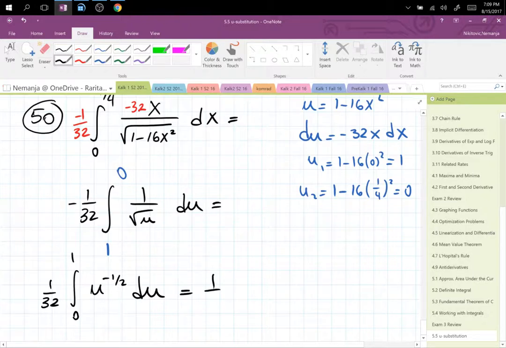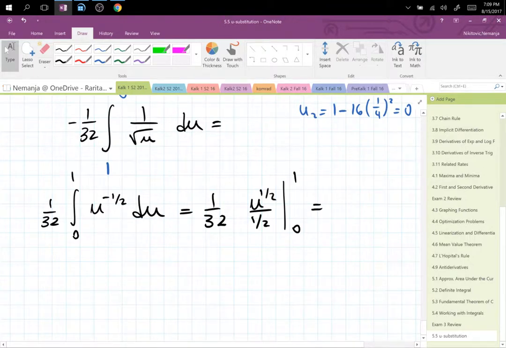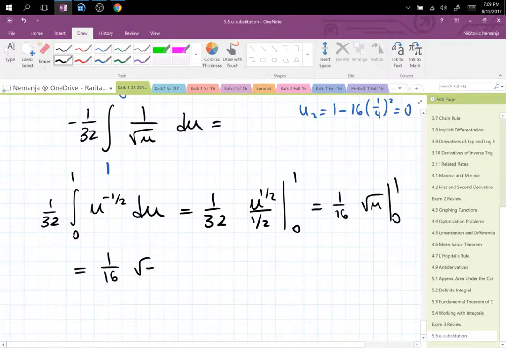So now we need to integrate 1 over 32. That's going to be u to the 1/2 divided by 1/2, computed from 0 to 1. Now this 1/2 goes as 2, makes this 1 over 16 root u from 0 to 1, which is 1 over 16, square root of 1 minus square root of 0, which is 1/16.